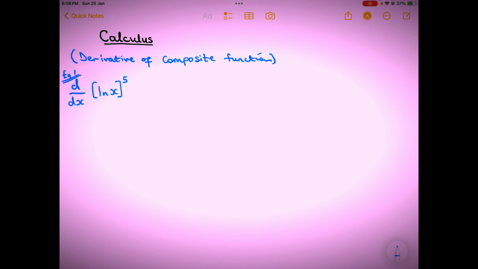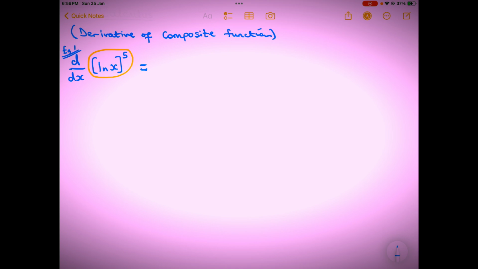So the first thing that we are going to do here is to take the derivative of this whole function, that is the outside function. We can take the derivative of this outside function by using what we call the power rule.